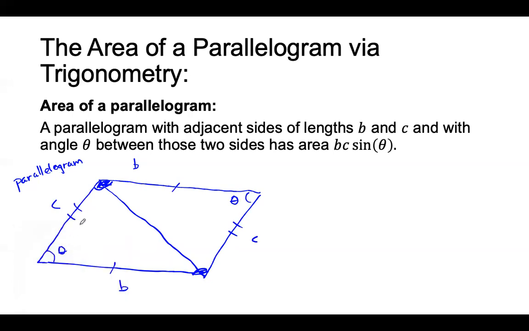So the area here, what we just learned, is going to be a half times B times C times the sine of theta. And so is this area. So this is B times C times the sine of our angle.